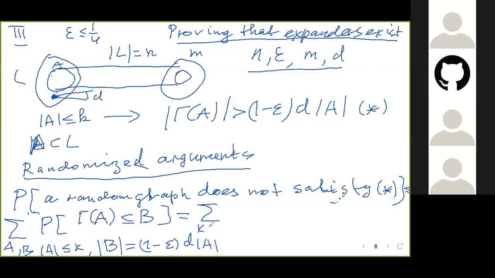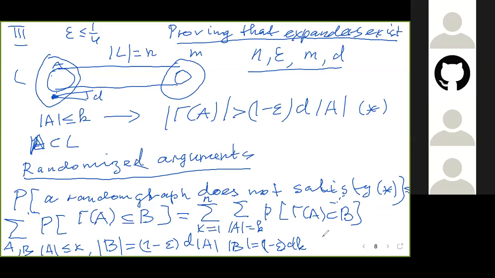Now we will rewrite this sum, summing first over K. Now this inner sum will be the sum over all A's of cardinality K and B's of cardinality (1 minus epsilon) times D times K. And here we need to write down the probability that gamma of A is included in B. This sum has n choose K terms.